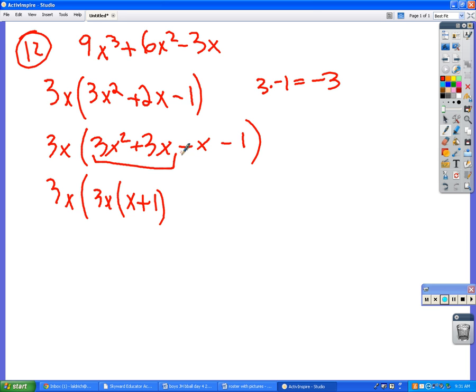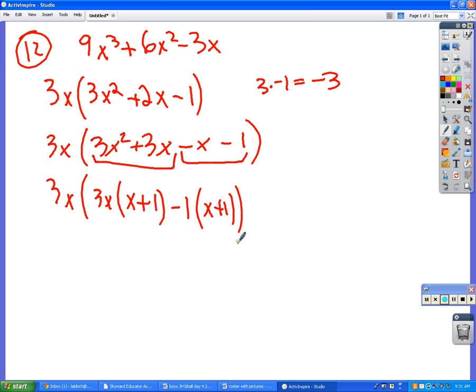What can I factor out of -x minus 1? A negative, or a -1. And what will that leave me with? x plus 1. What do you notice about the two things inside the parentheses? They're the same, which means that I did this right.